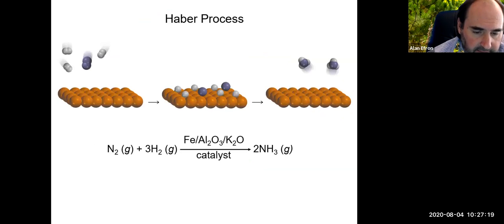So here's the production of ammonia. And again, these are our nitrogen and our hydrogen coming together. And this is a piece of iron, for example, and these gas molecules are attracted to that solid catalyst. Now, when they get here, they bind to this metal, and what that does is it actually will start to weaken these bonds.